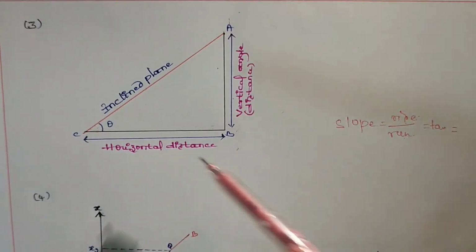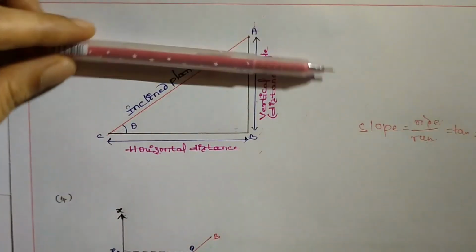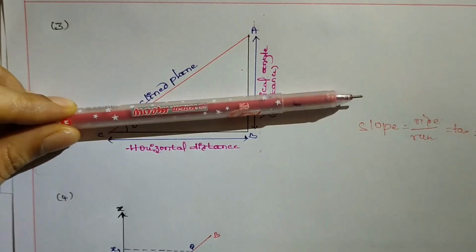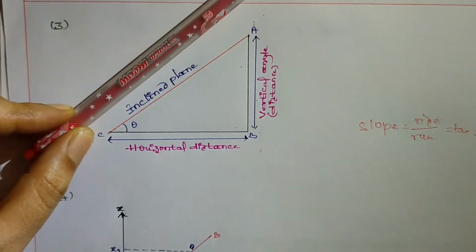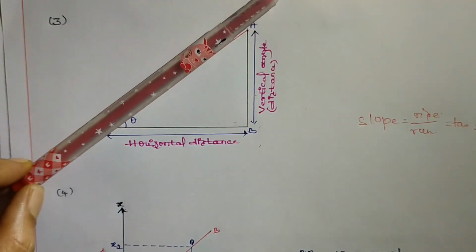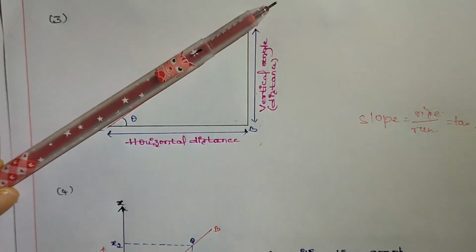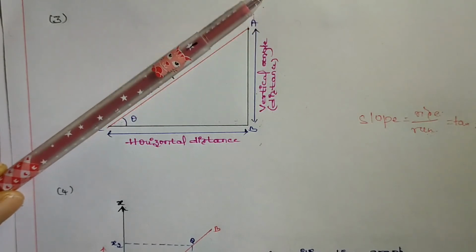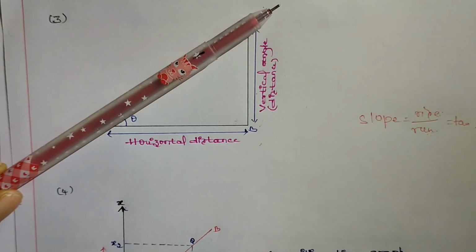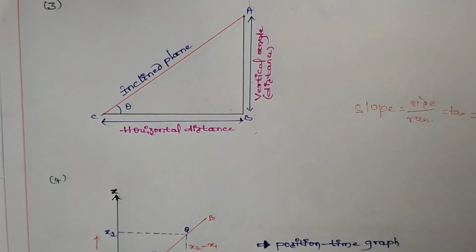For any inclined line that goes up, how much the inclination, how much the bending is, we can say by using the slope formula. Here it makes an angle. In this case, uniform motion in the position time graph will give the velocity.